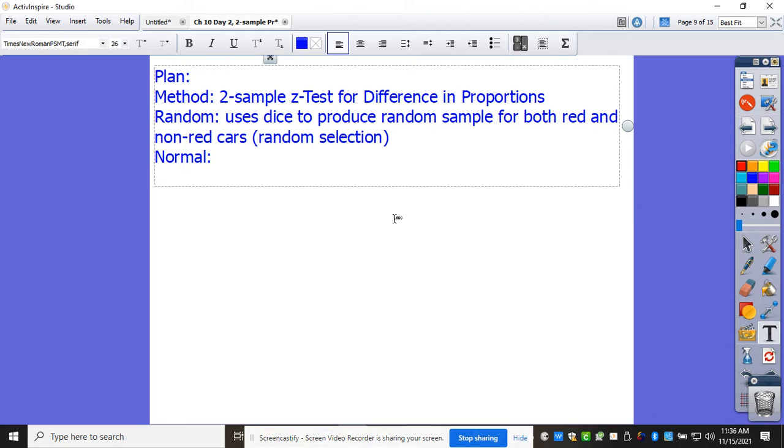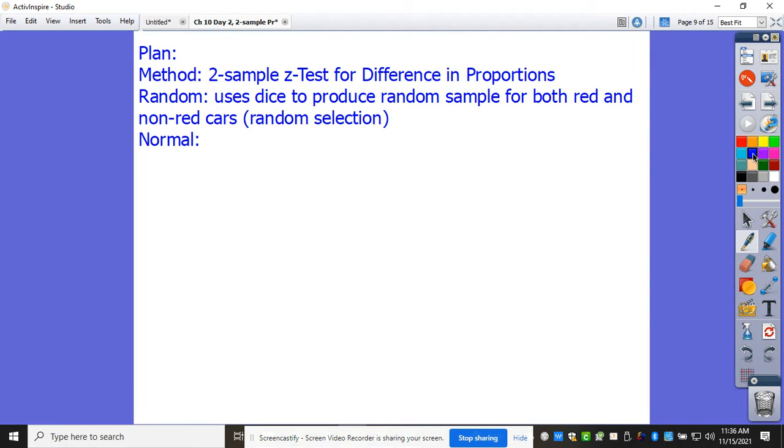Yeah, I'm going to write this one. nr times p hat r, nr times 1 minus p hat r, nr times p hat nr, and lowercase n subscript nr times 1 minus p hat subscript nr.